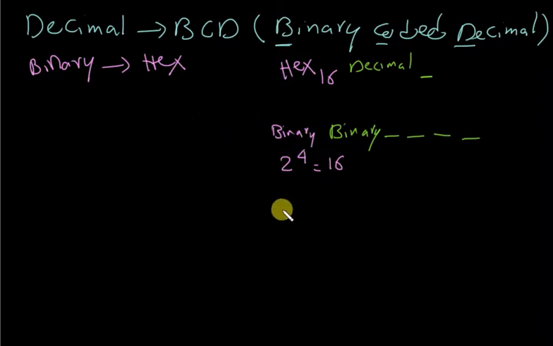But since 2 to the power of 4 is 16 and 16 is not equal to 10, when you're converting a number to BCD, you can't actually add and subtract with that number, because the largest number that you can go for in BCD is 1001, which represents the decimal number 9, and anything over that will represent 2 numbers.